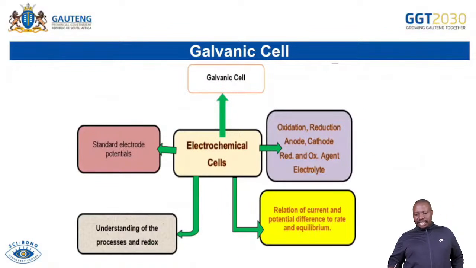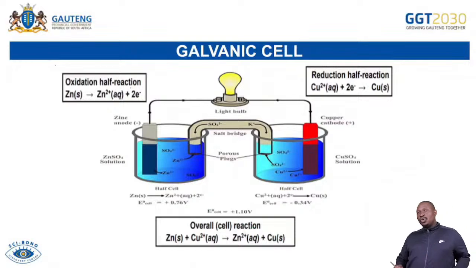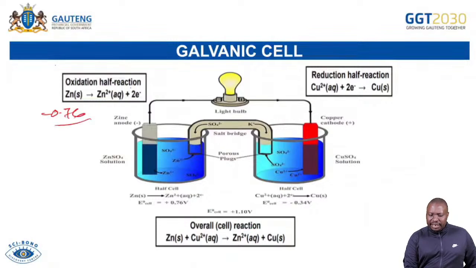Now, under galvanic cell, those are the most important things. Those are definitions, and then the other important things are as we did and showed you in this type of reaction. So you will get your question in this form, where you will check from the standard reduction potential table. You will be able to see that zinc is minus 0.76. That makes it the anode.